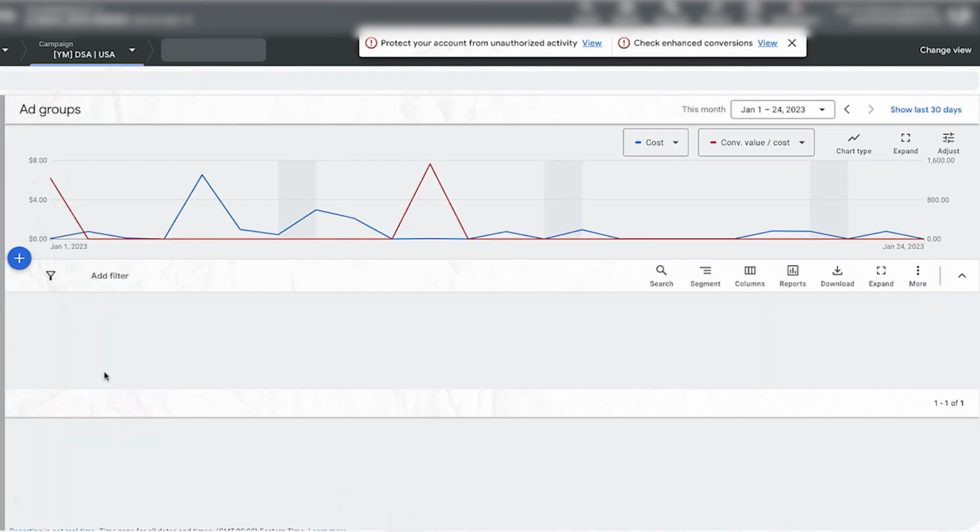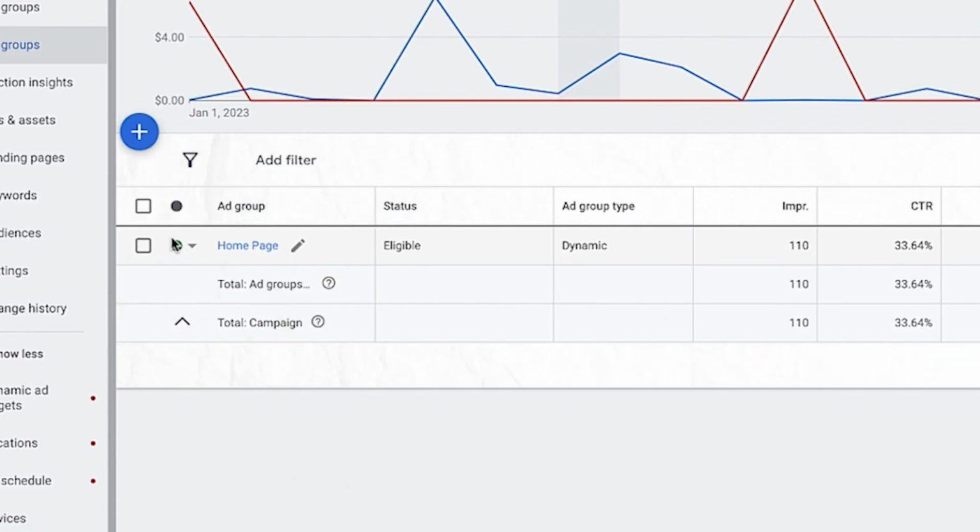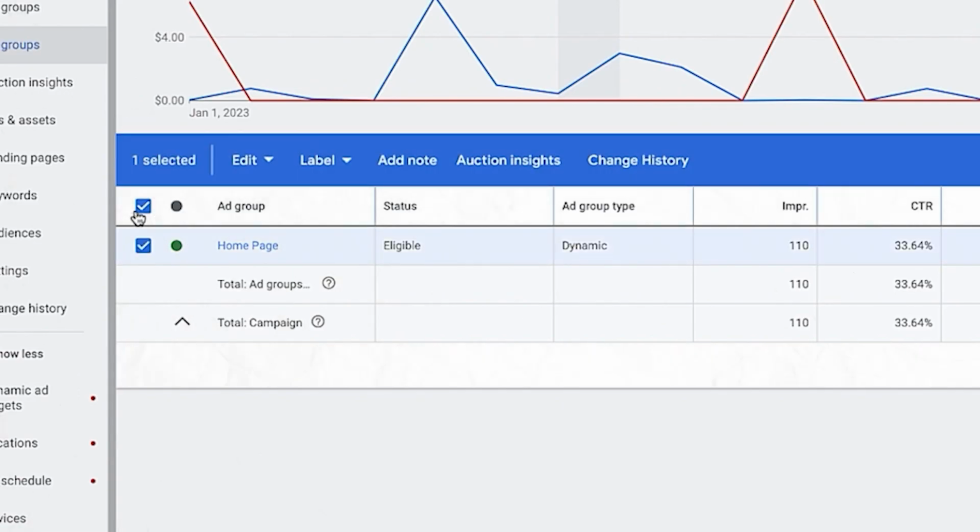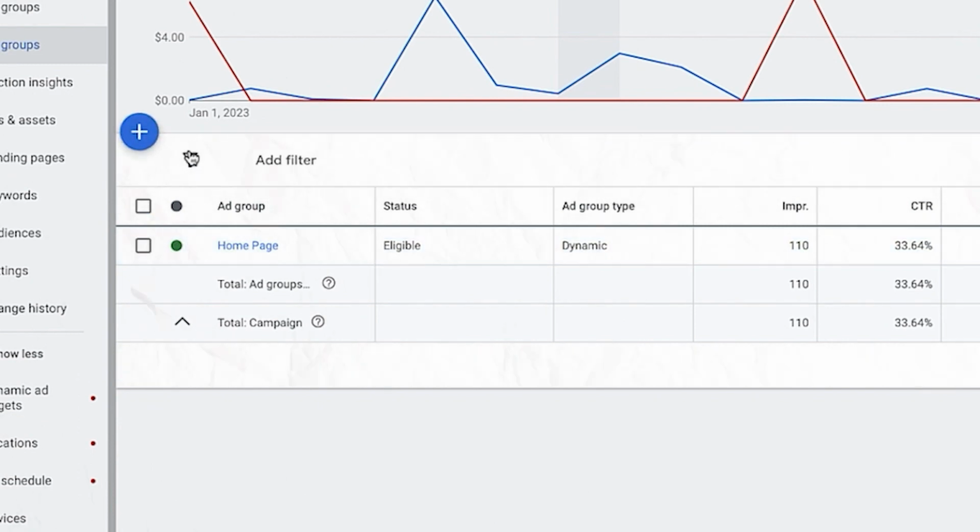And the new way to run the dynamic search campaign is actually to have multiple different ad groups. So 2 different ad groups right now. We only have one for this specific DSA campaign. We will be adding another one very shortly. But what I've been seeing work the best with the dynamic search campaign is to have one ad group targeting the homepage only and another ad group targeting individual collection pages.